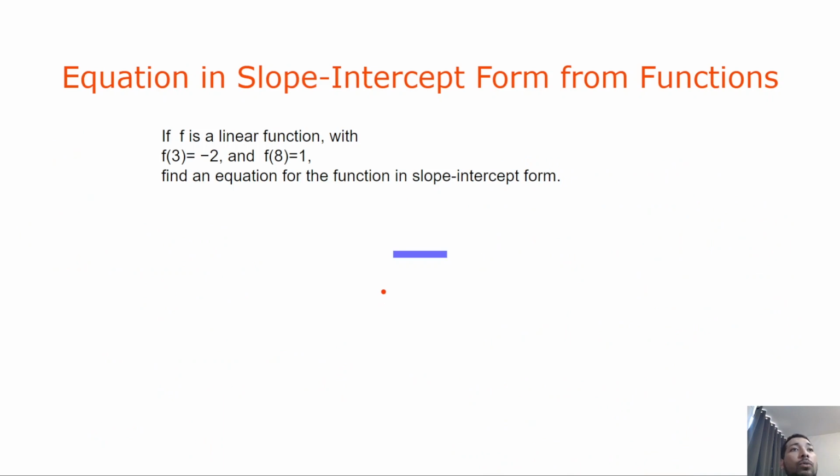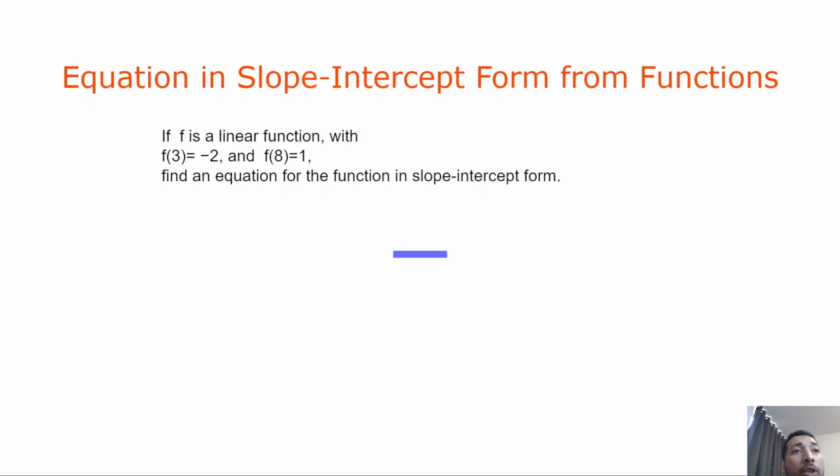Now we'll see how to find the slope-intercept form from a given function. Over here we have a linear function. It says if f is a linear function with f of 3 equals -2 and f of 8 equals 1, find an equation for the function in slope-intercept form. Now, how do you actually approach a problem like this?